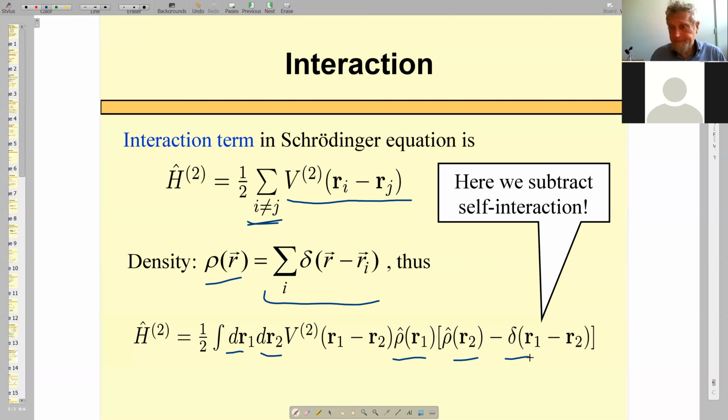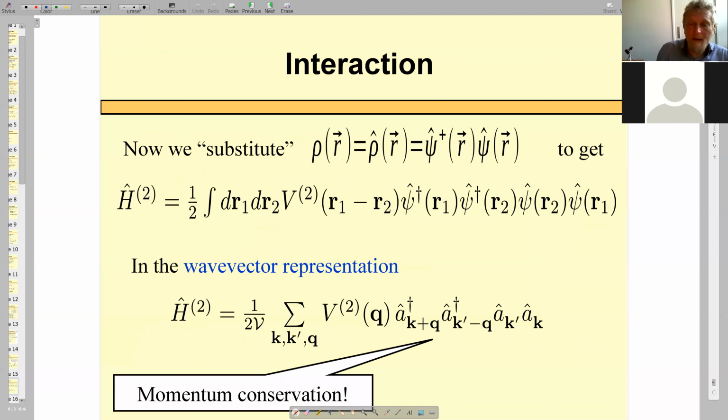Now let us replace the densities with what we know as field operators. That would be the first density, and for the second density, as I said, I need to add this delta function.